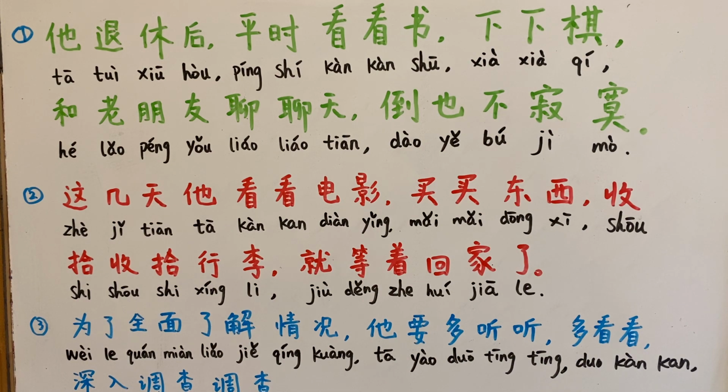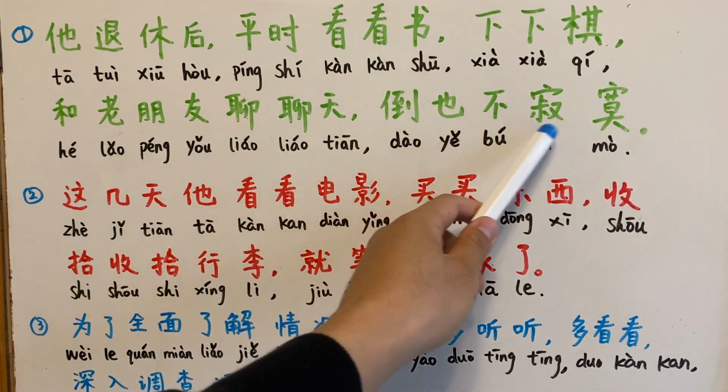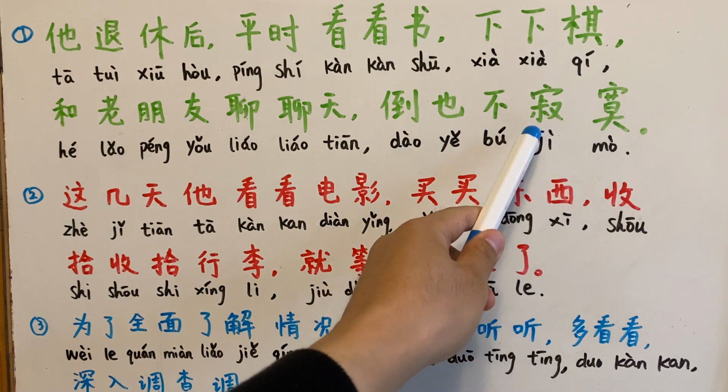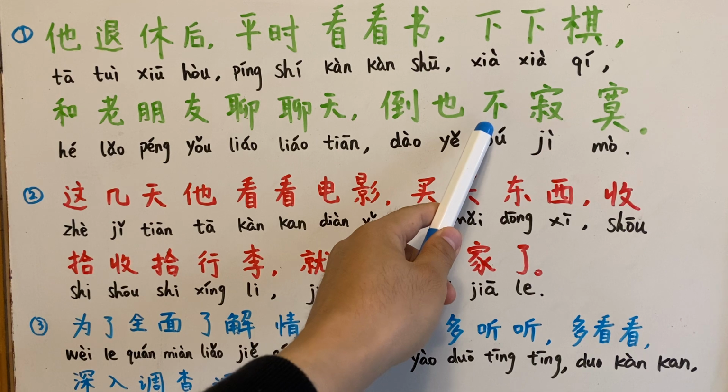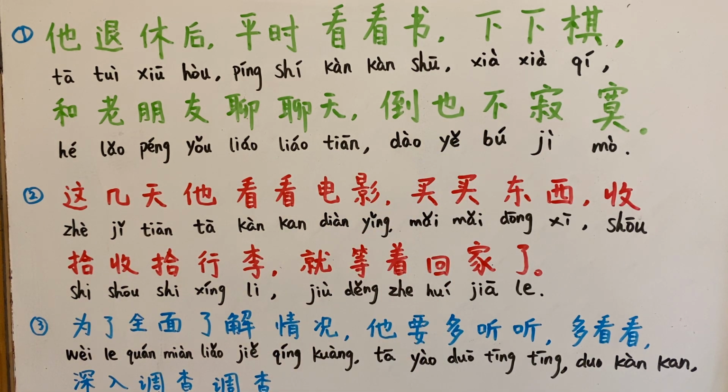和老朋友聊聊天，倒也不寂寞。寂寞 is lonely. 不 has multiple pronunciations; in this sentence it is pronounced as bù. 不寂寞，倒也不寂寞, not feeling lonely. After his retirement, he likes to read books, play chess, and have fun with old friends without feeling lonely.